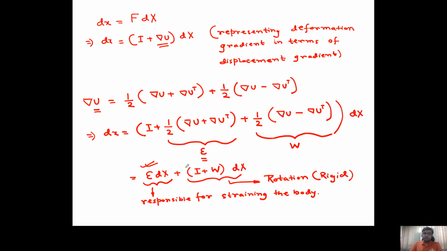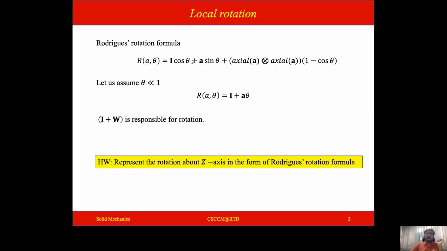Now, how can we say that this part is responsible for rotation? For that we have the Rodrigues formula, and this is what it looks like. Rotation can be represented as I cos theta, where I is an identity matrix, plus A sin theta, where A is a skew symmetric matrix.